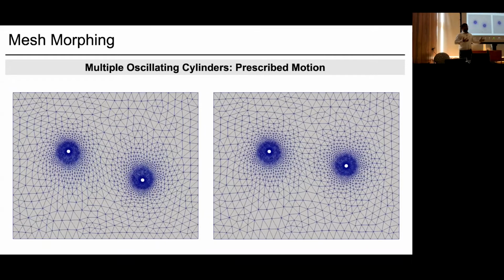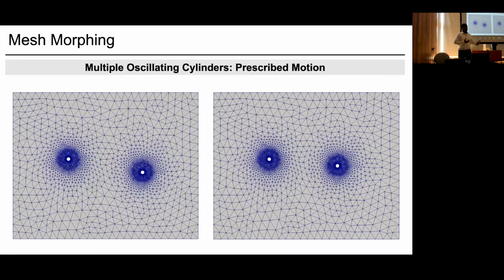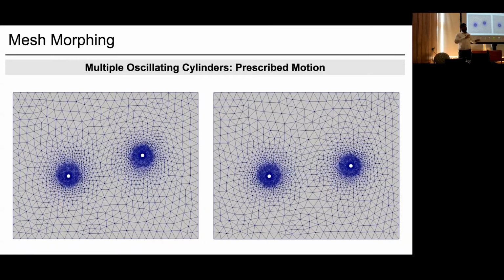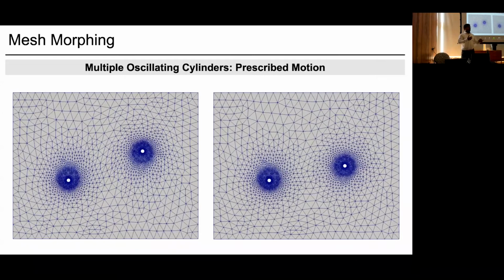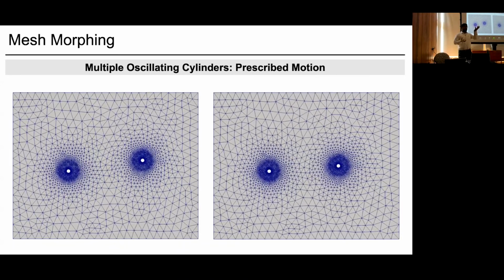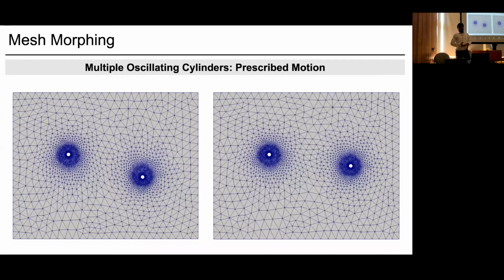So if you have two bodies, a similar implementation applies for the boundaries. In the first case, you see that both are vertically oscillating up and down. But in the second case, one is oscillating vertically and the second one is oscillating horizontally, right?